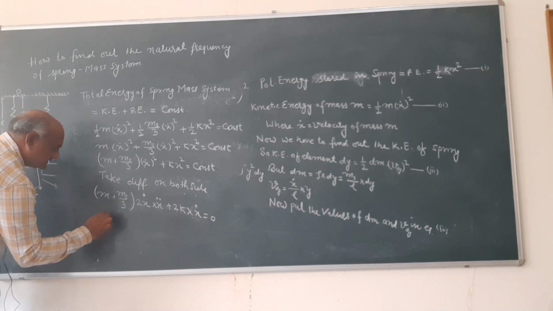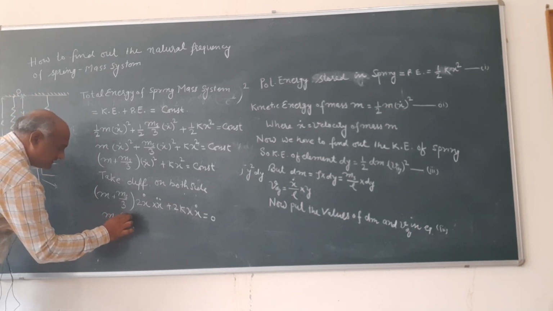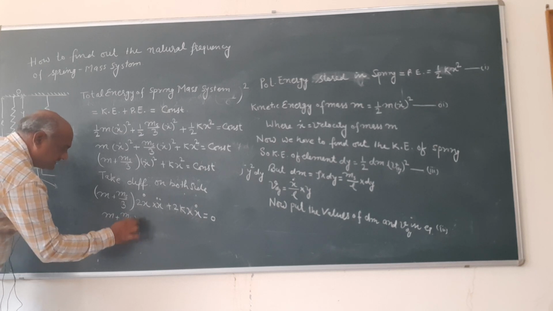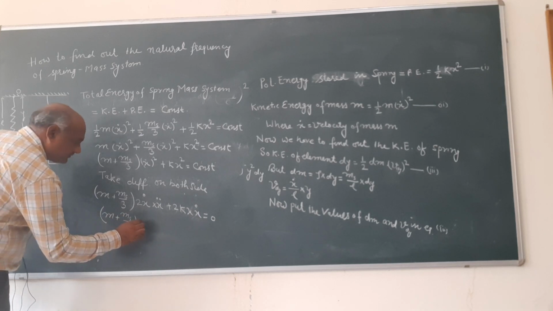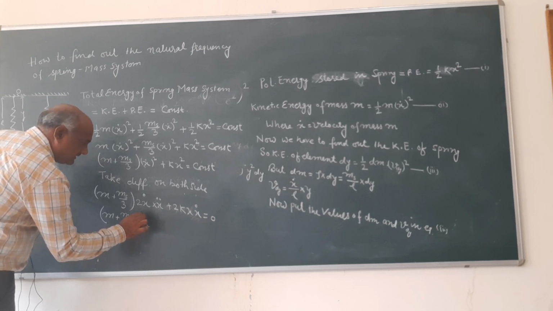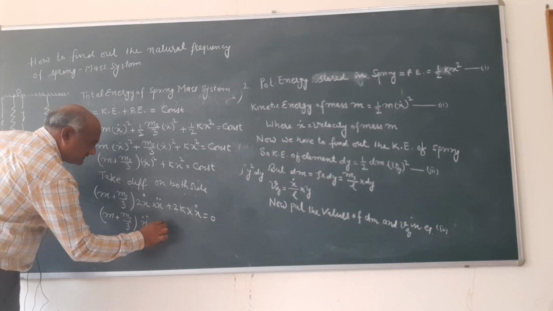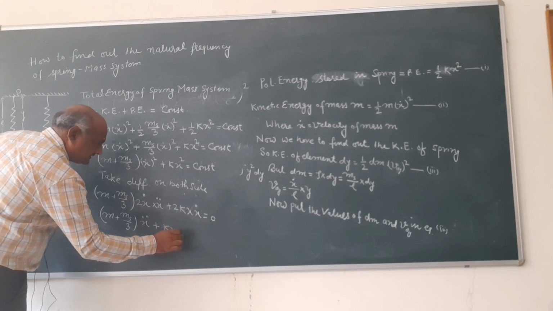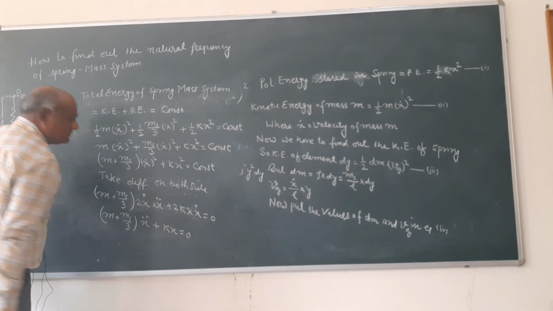And m plus ms by 3 into x double dot plus k x is equal to 0.